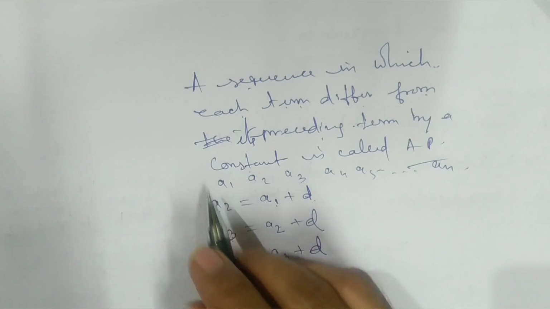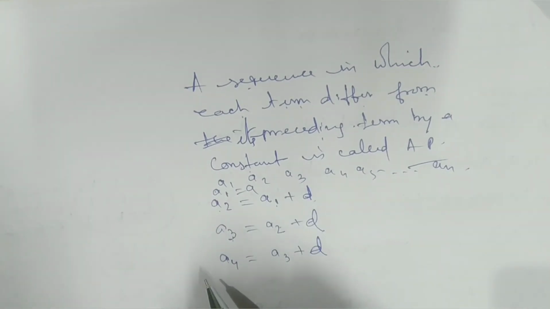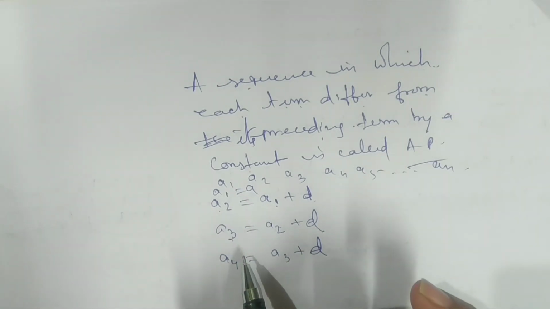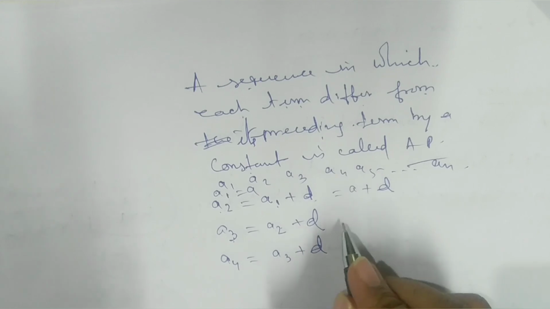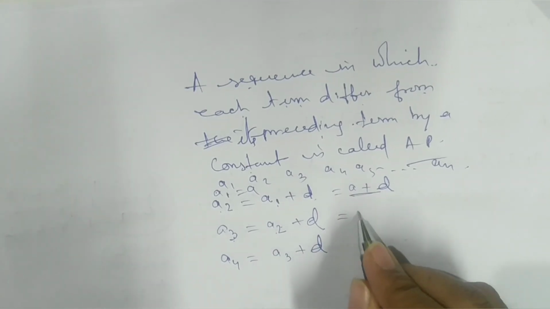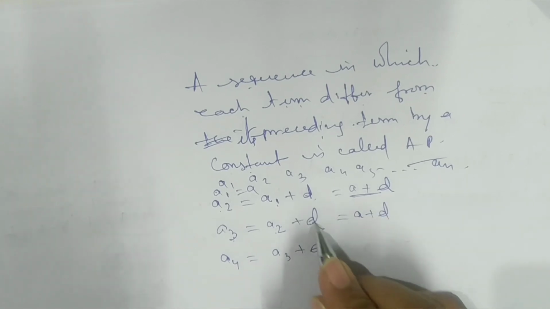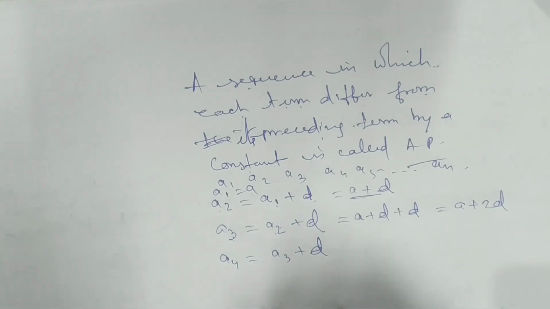Now, if we assume that A1 equals A, then A2 can be written as A plus D. In place of A2, we can write A plus D, and there is a plus D, which gives A plus 2D.